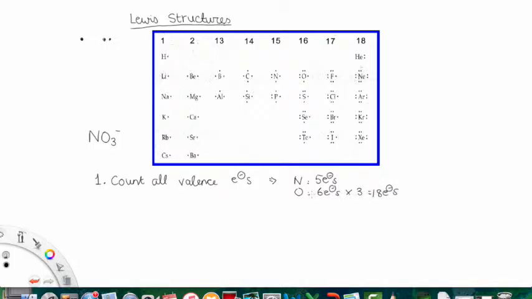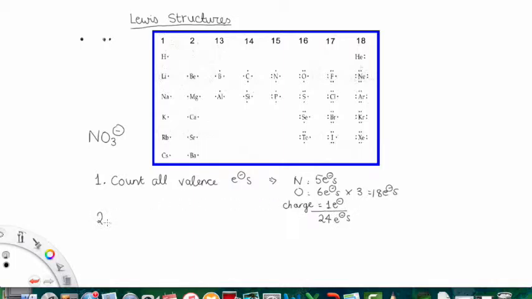And then we have the ion's charge. In this case, it's NO3-, so a minus means we have 1 extra electron, right? And so when you add all of these up, we end up with 24 electrons. So basically from here, we have to distribute these 24 electrons onto the structure.